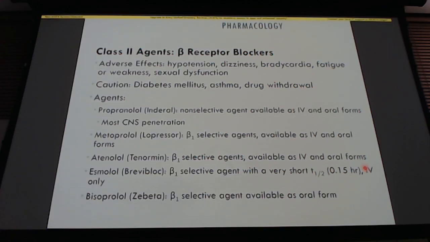Sometimes when we push that, by the time you get it to the person and they're like, oh, did it work? It's like a blip. They're really short half-life. So again, don't try to remember all of these things. What I want you to remember is what's selective, what's non-selective, and esmolol being your only one that's IV. And with propranolol, we do get some CNS crossing, so more CNS side effects can sometimes happen with that.